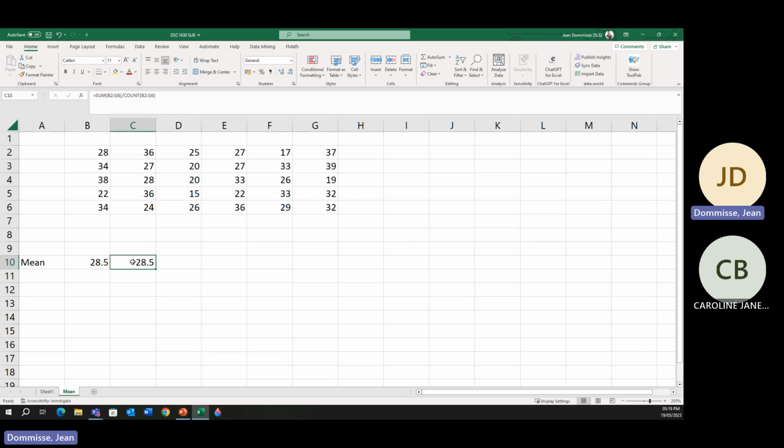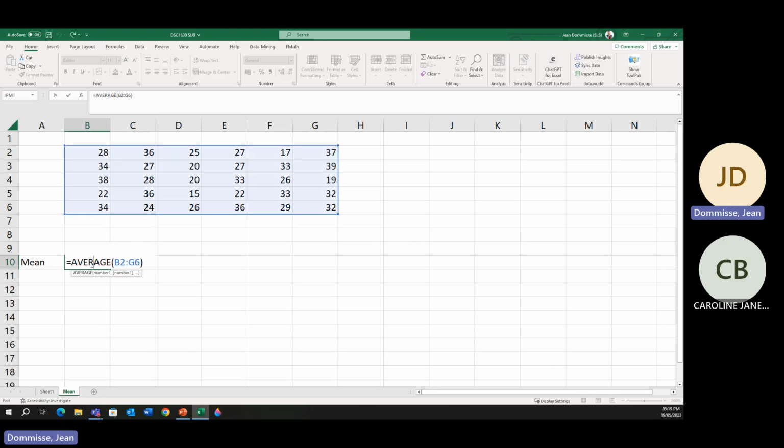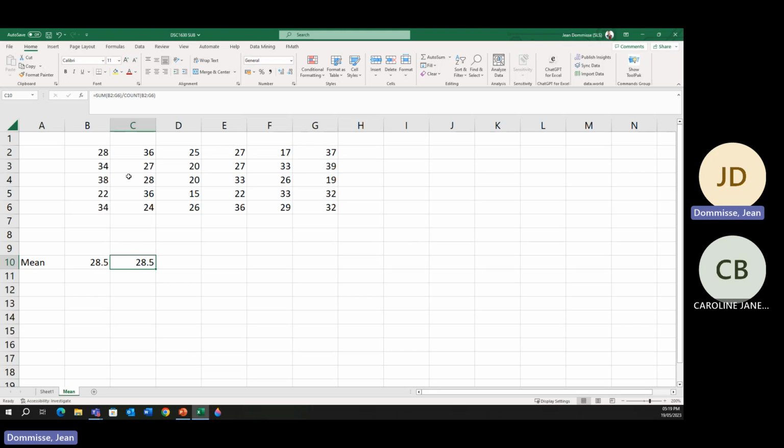Okay, so there you can also see, it doesn't matter if we used the Excel formula or the one where we had the summation divided by how big n is, we will get the same answer.